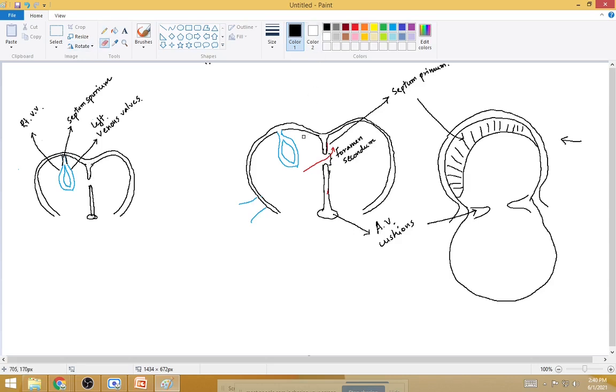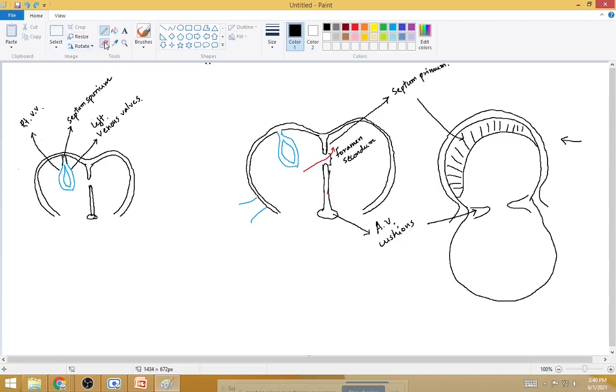Now you see the sinus venosus, the right horn is pushing itself more and more. It is pushing itself more and more, it wants to establish itself, to get itself absorbed in the right atrium.